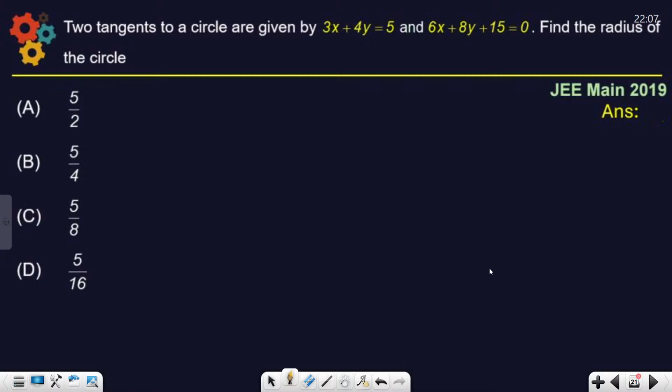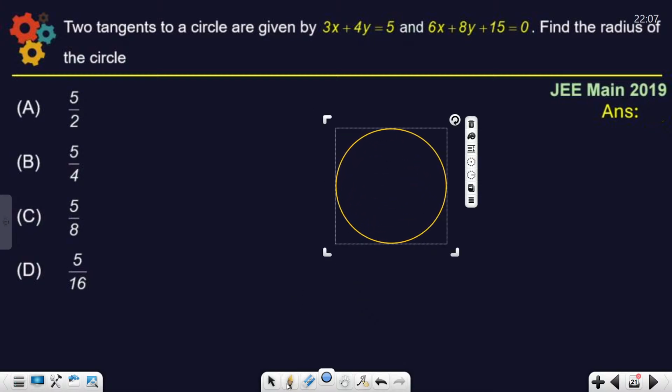Let us come to this problem which came in 2019 in IIT JEE Mains. It has been said that there are two tangents to a circle. If you observe those tangents, you will find a very interesting thing.